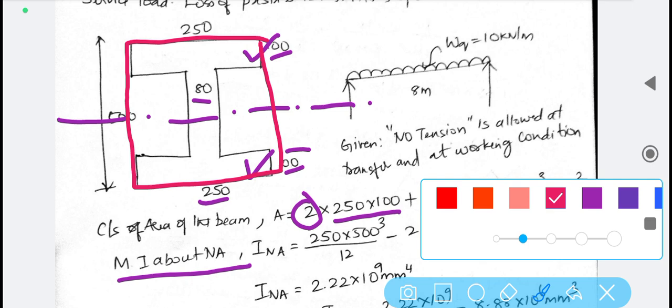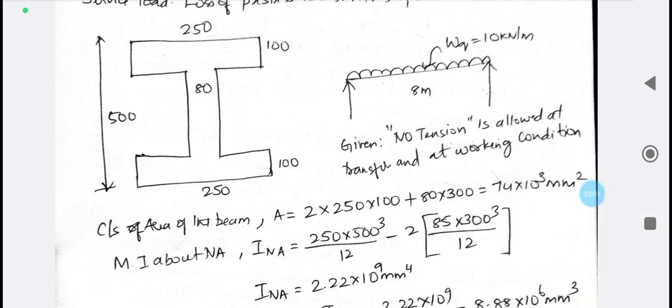From this rectangle, I am trying to deduct these two smaller rectangles, which have been highlighted in red color. And it can be noticed here in the sketch.